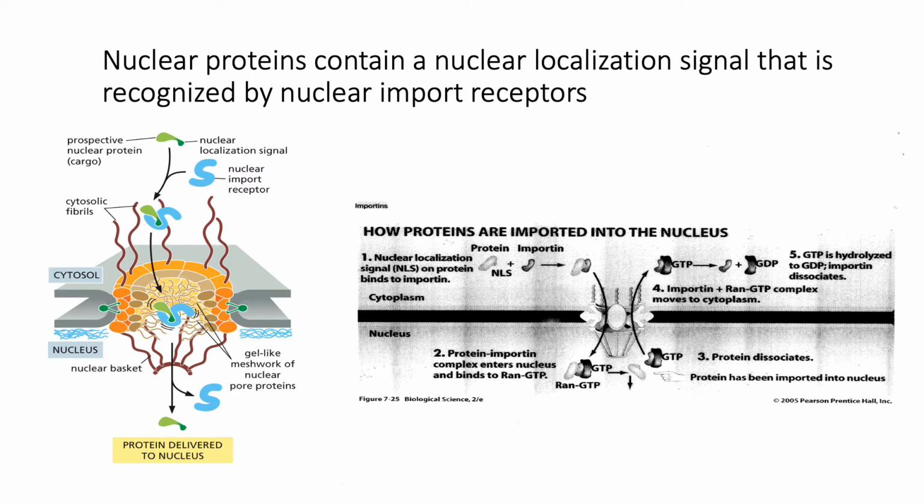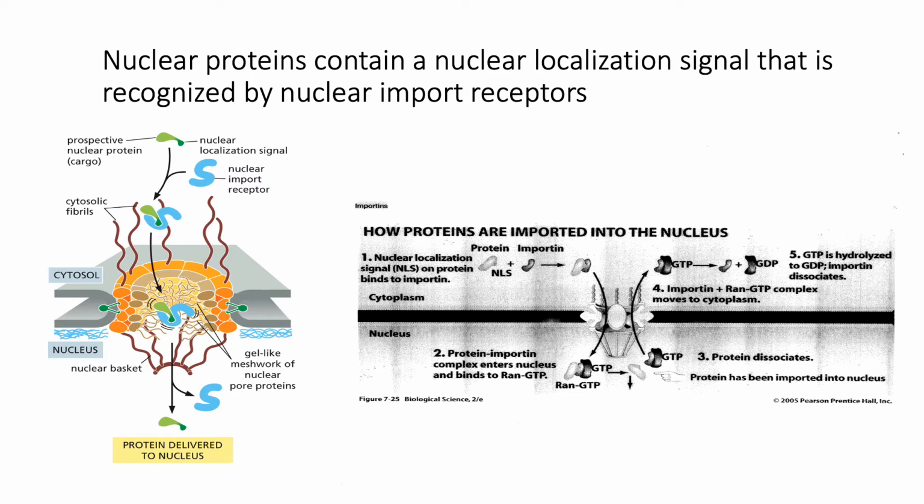Nuclear proteins contain this nuclear localization signal that's part of the protein, recognized by nuclear import receptors. So on the left-hand side, it's showing the nuclear pore, which we've kind of looked at before. And the top part is the cytoplasm. Of course, the proteins are synthesized in the cytoplasm. And then this is to import into the nucleus.